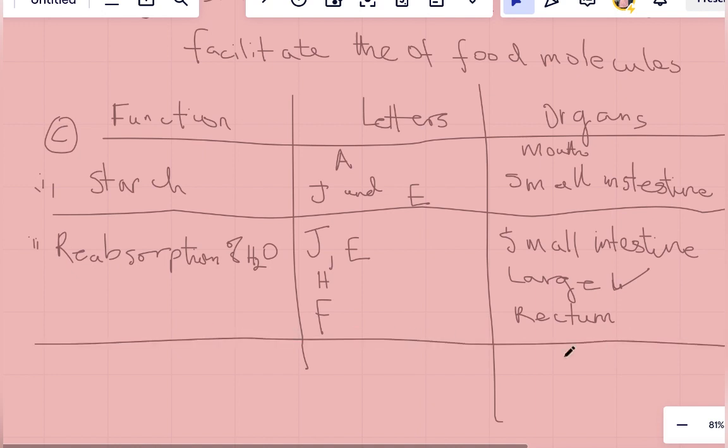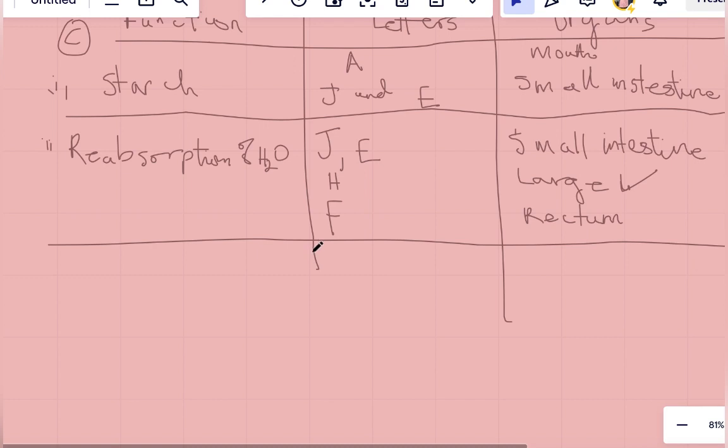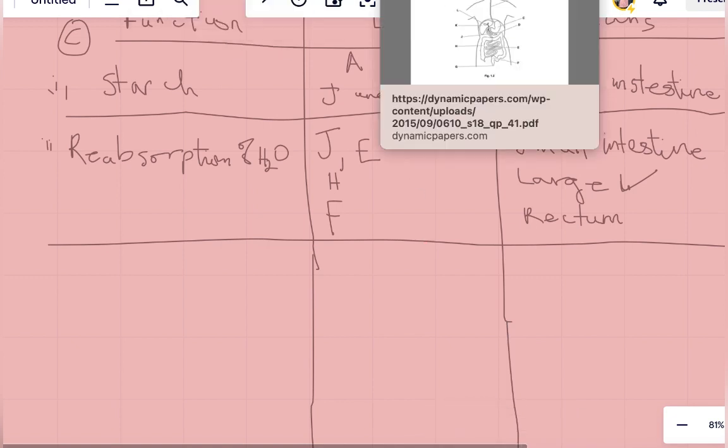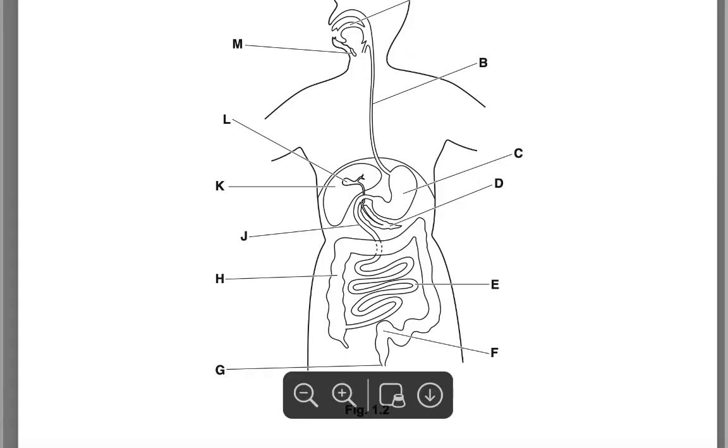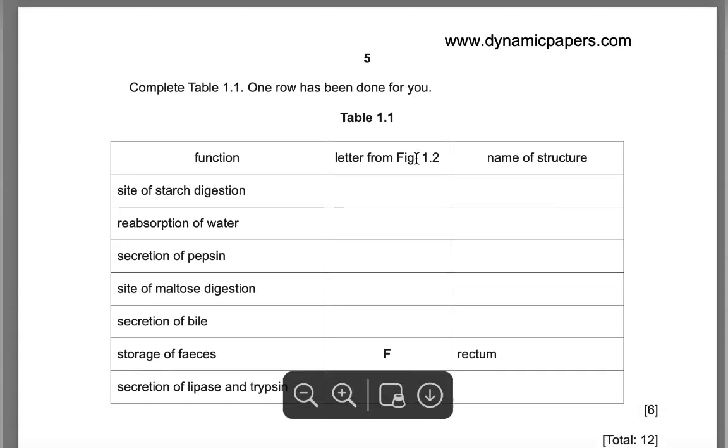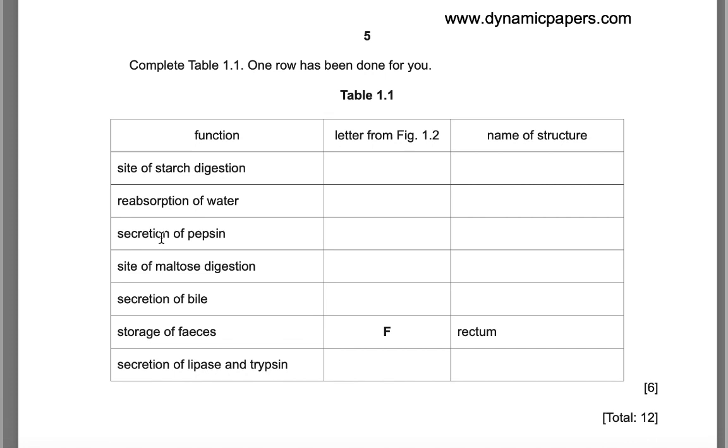Now we go to another function that is given in the question paper. Let's take a look at the question. Which next function do they give? Secretion of pepsin.